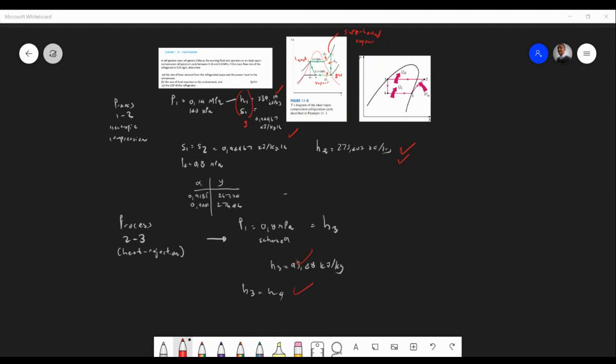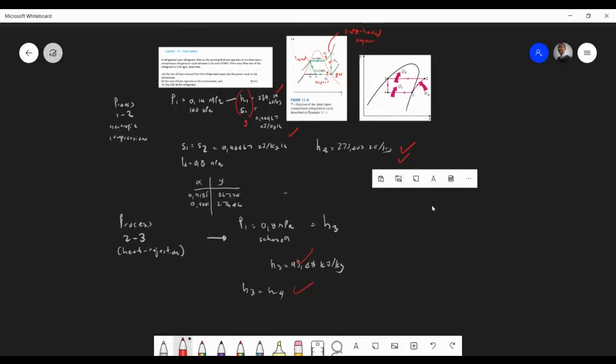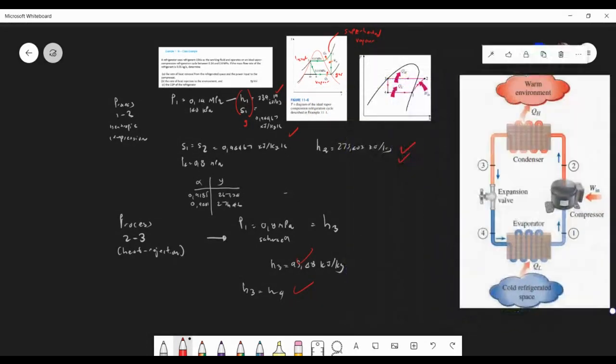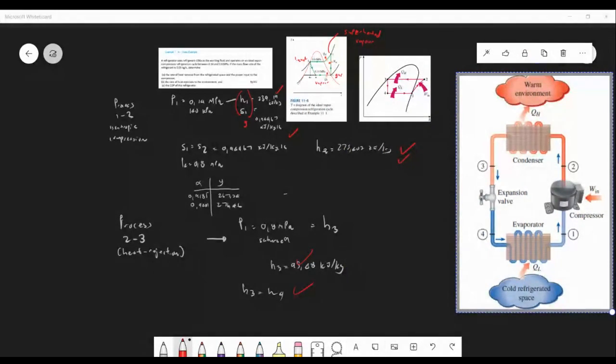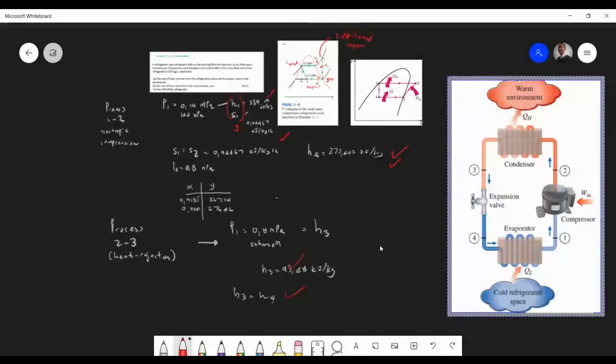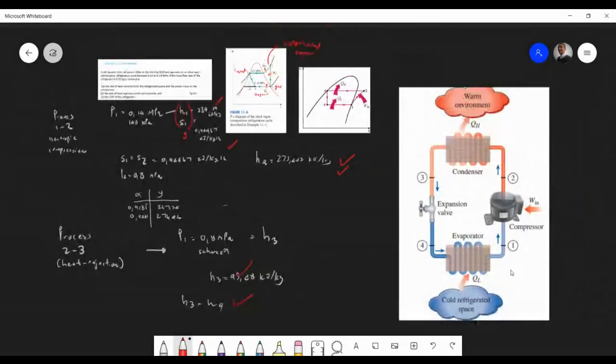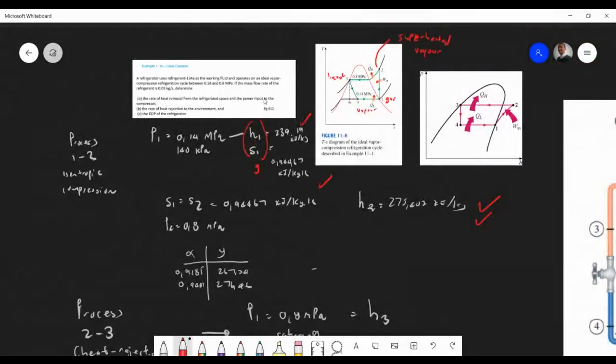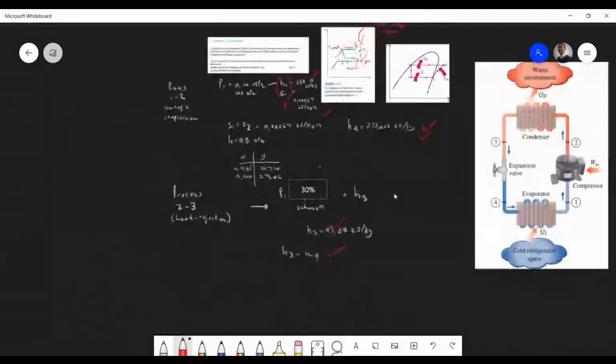Okay, so the reason why I touched on the components for the analysis, obviously one needs to understand that. And I'm going to put this here again so everyone can see. Yeah, we're getting to the good part. Remember the question wants the heat removal and also the power input, right?